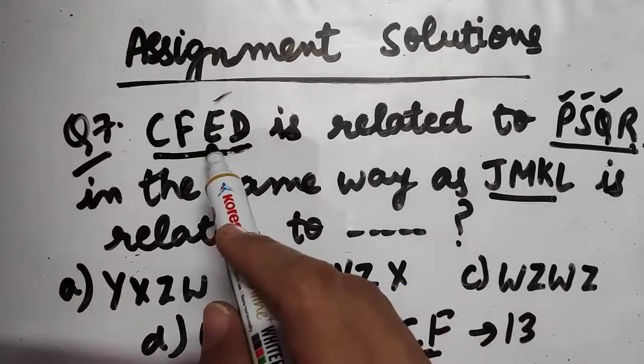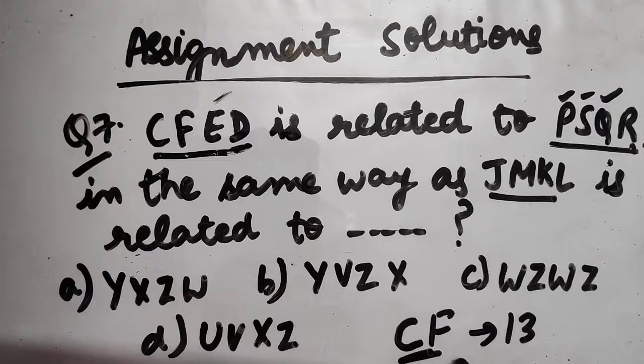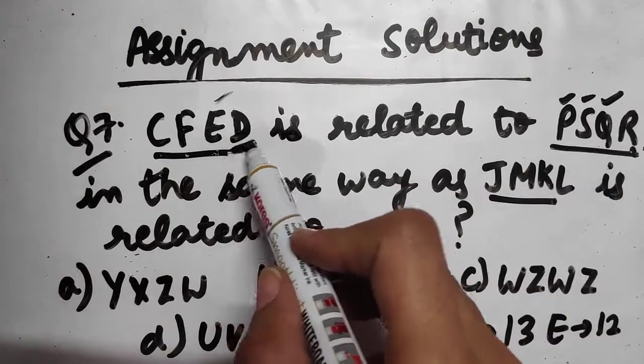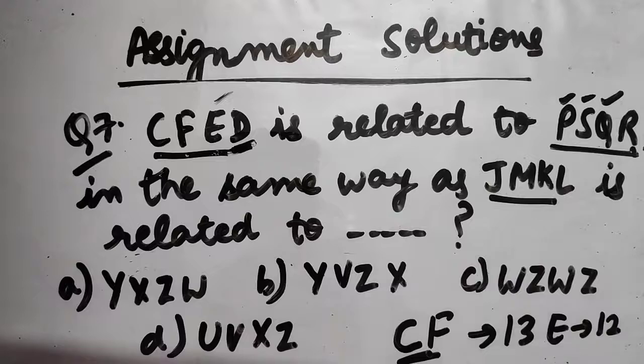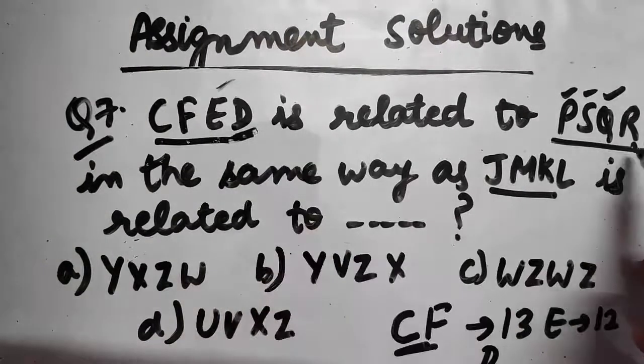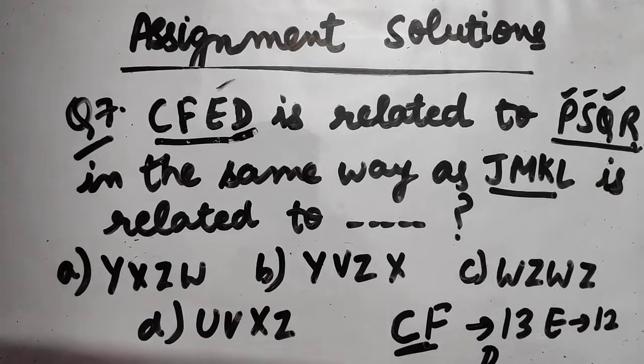The third alphabet, that is E, is moved 12 steps forward, and the fourth letter is moved 14 steps forward to obtain the corresponding letters of the second group.